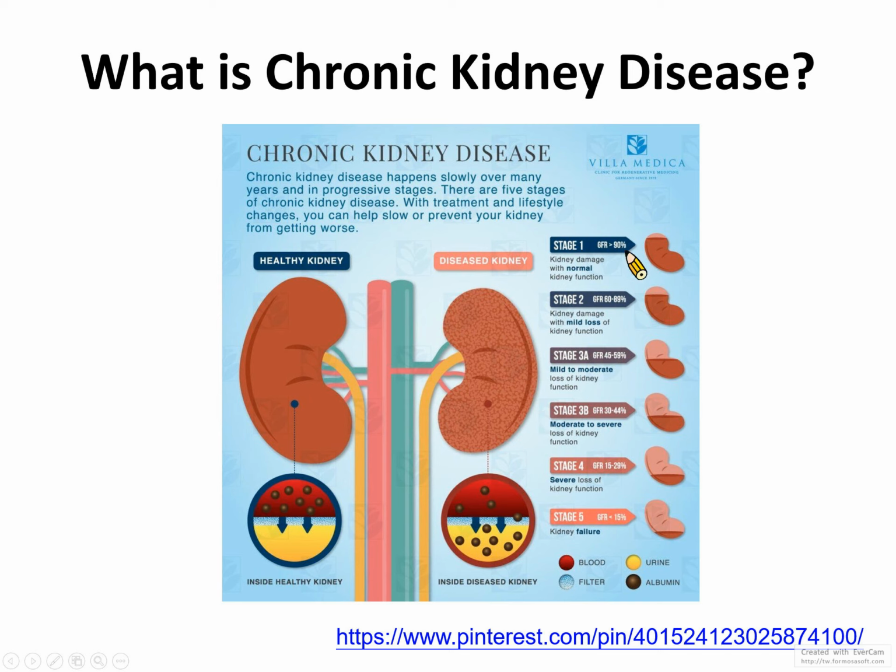In general, we can use the GFR as an indicator of chronic kidney disease. In stage 1, the kidney still maintains normal functions, and you can see that even at a GFR around 80 to 89%, there is already a mild loss of kidney function.